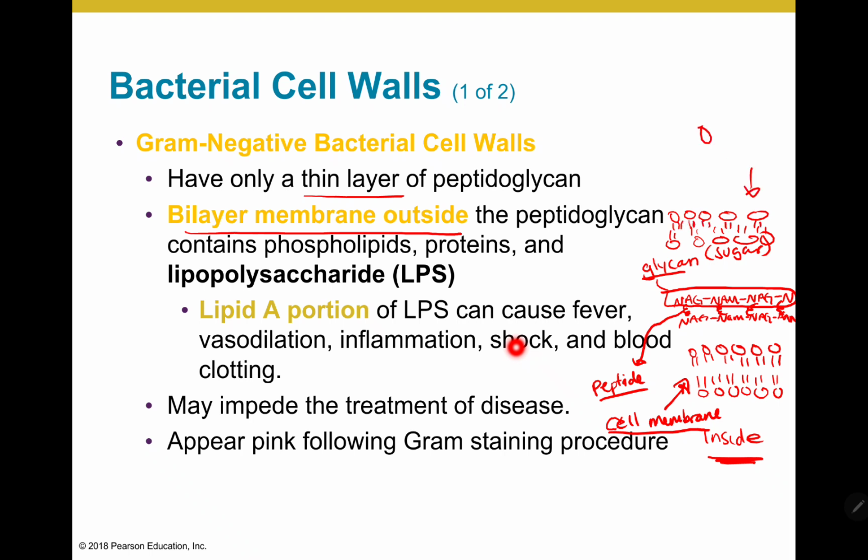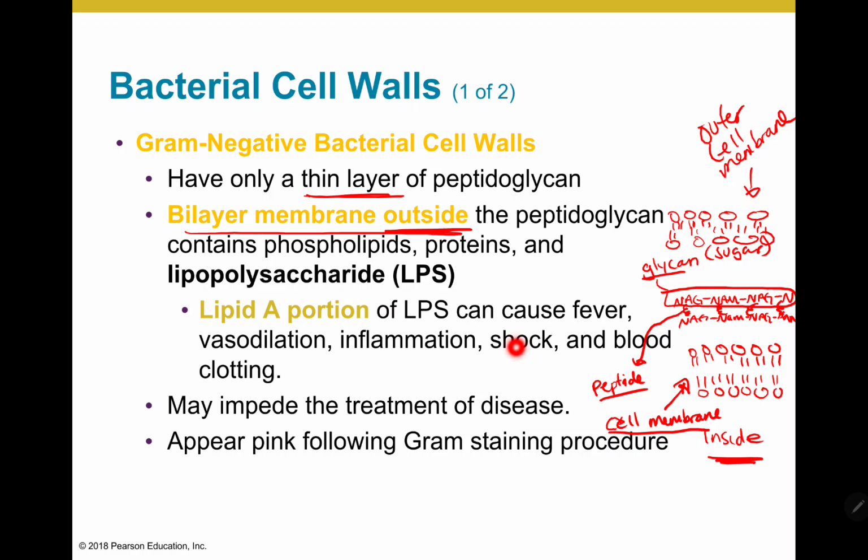This is the outer cell membrane, okay? That's what we mean by the outside of that peptidoglycan wall. So remember that about gram-negative cells. Again, they have a thin layer of peptidoglycan, but they have two membranes, basically, okay?